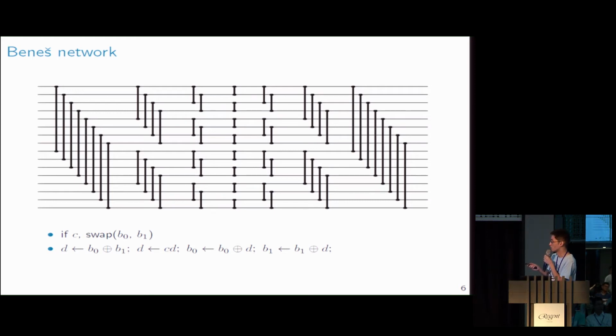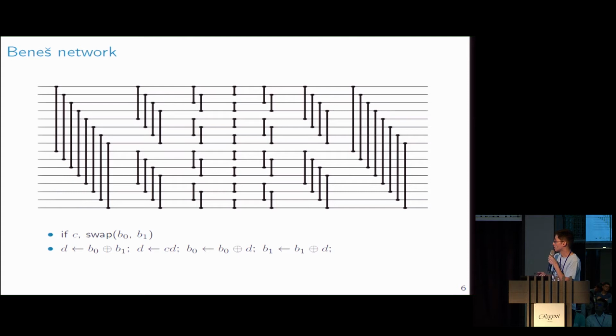You start with the stride 8 conditional swaps, and then stride 4, stride 2, stride 1, and then go back to stride 2, stride 4, stride 8. Also, please note that given the condition bits C, it's actually pretty easy to convert the conditional swap into a small sequence of logical operations. We will use this for implementation later on.